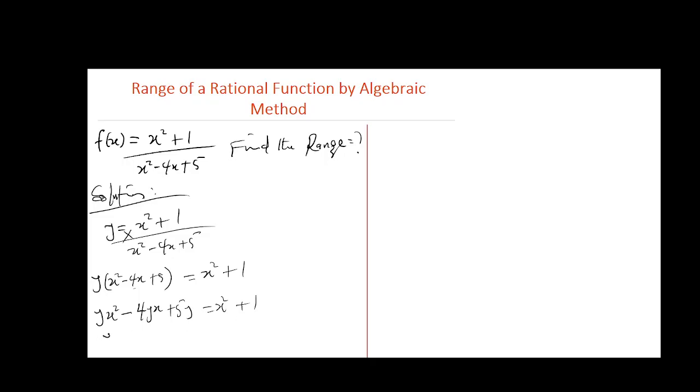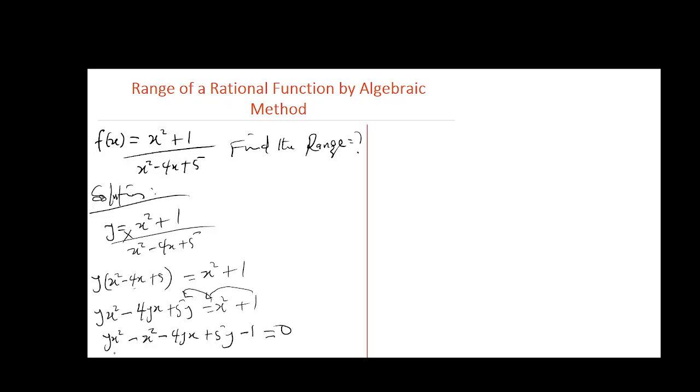So we have yx squared minus x squared, because it crosses over to the other side, it becomes negative. Then we continue, minus 4yx plus 5y, and we have 1 left. It crosses over, it becomes negative 1. So we have minus 1 equal 0.